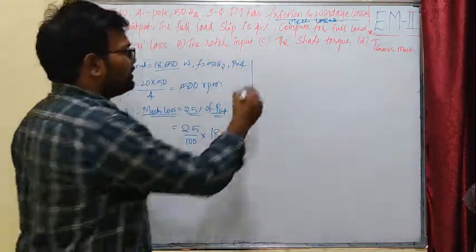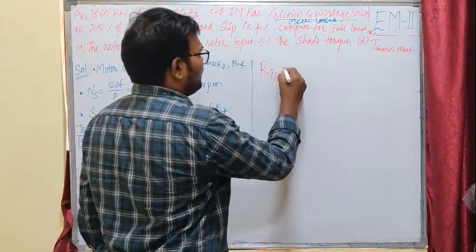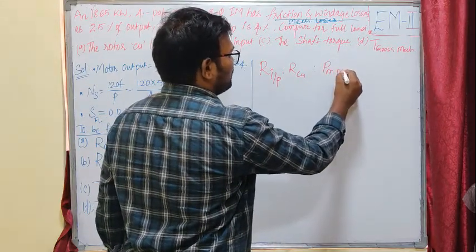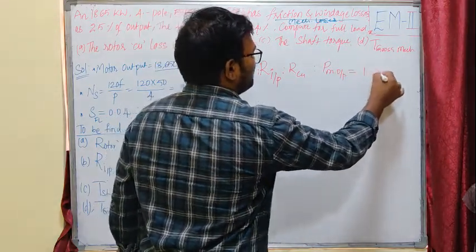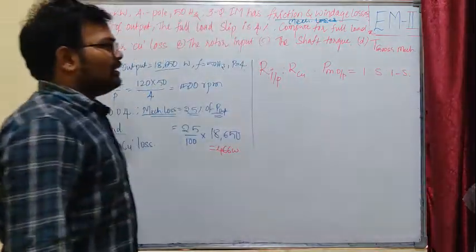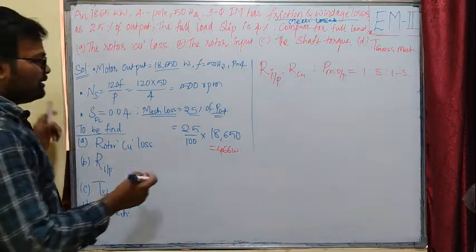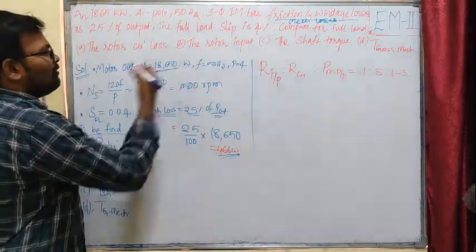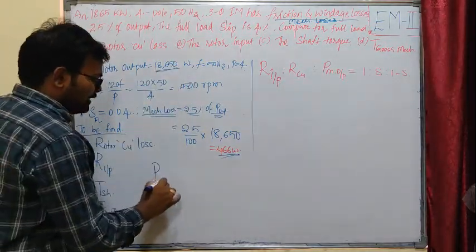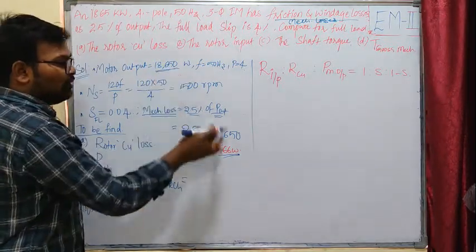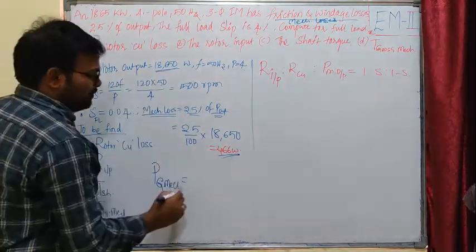We have a relation between rotor input, rotor copper loss and gross mechanical power output, equal to 1 : S : 1 minus S. This is the expression. If I have to get the gross mechanical power output, I add the motor output plus mechanical losses.